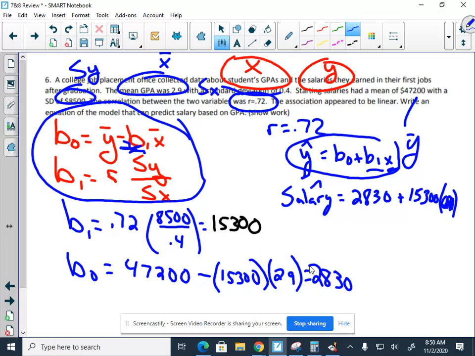So if it just says the mean or the average, that's when you know it's X bar or Y bar. When it says the mean or average and then standard deviation, that's your X bar and your S of X and then your Y bar and your S of Y. And you should have those 5 pieces: S of X, S of Y, X bar, Y bar, and R. Okay? Pretty good?